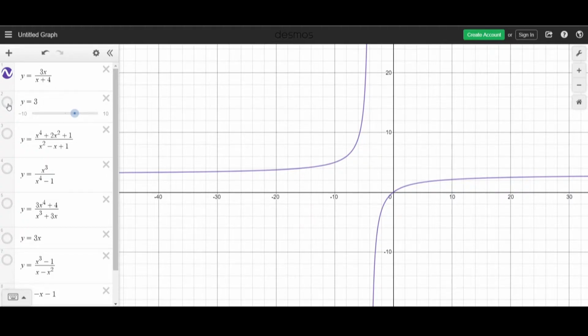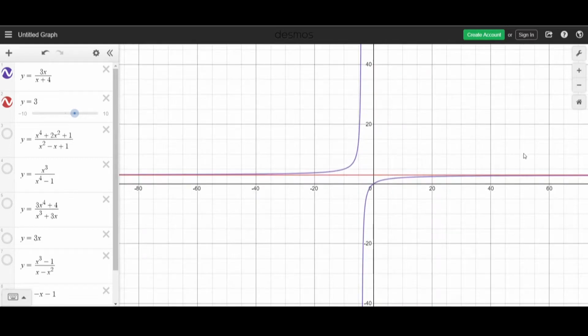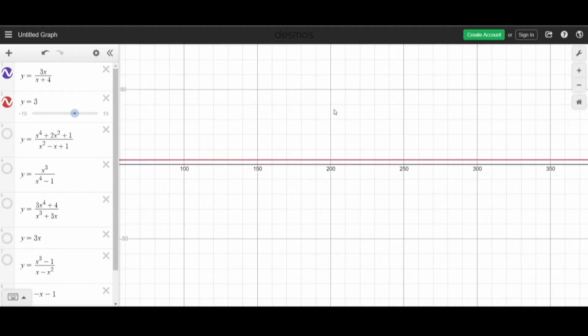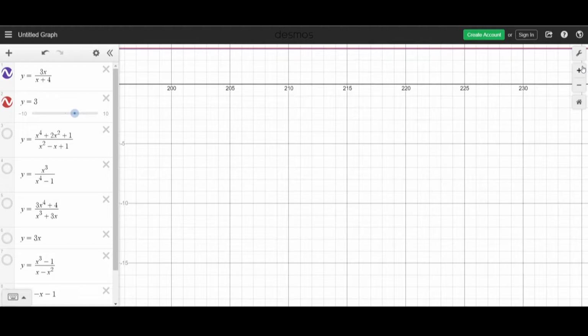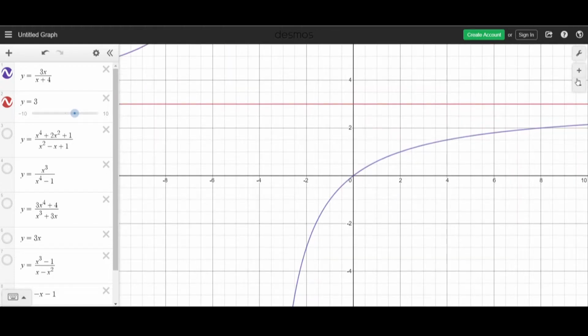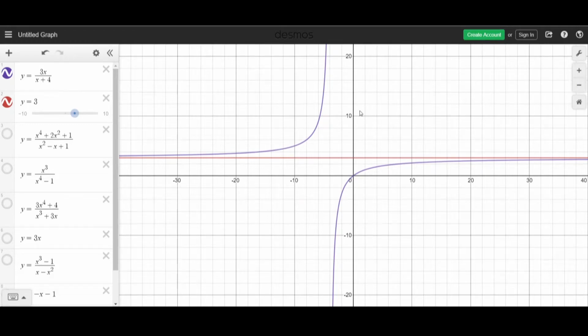In this case, it was y equals 3. And we can see as we zoom out that that is the line that our graph will approach, but never cross.